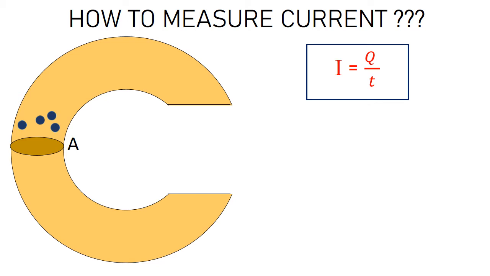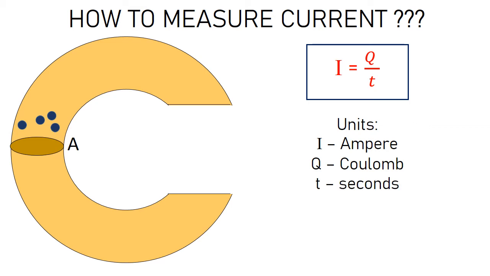Quantity of charge is measured in coulombs. Current is coulombs per second, which is nothing but ampere. So the unit of current is ampere, the unit of charge is coulombs, and time is in seconds. Is it clear?